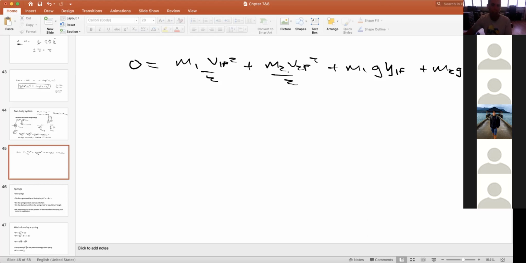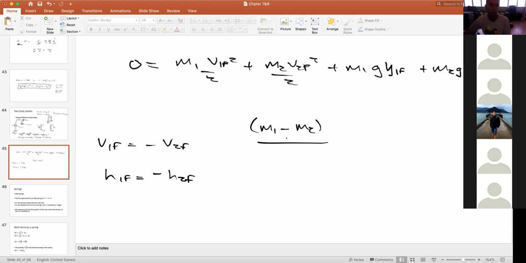And these have to be the same, but minus. So V1 final is equal to minus V2 final. And H1 final is equal to minus H2 final, right? So what that tells me is that I get M1 minus M2 over 2. Actually, let me do it this way.